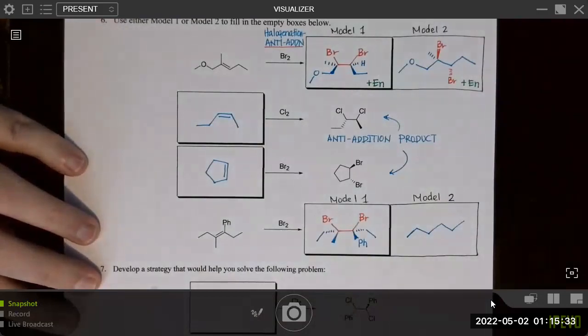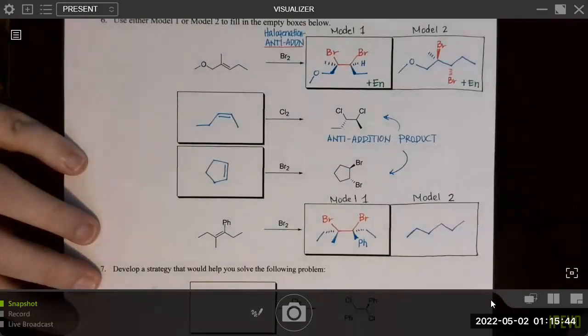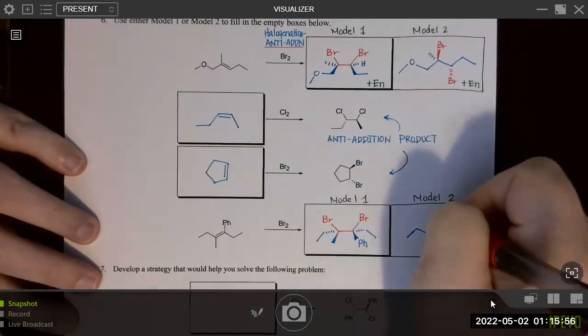And then we'll add in the bromines. Remember, one needs to be going out at you, one needs to be pointed back for the anti-addition. So you choose which one you want to do. It doesn't matter. I may draw the enantiomer of the one that you draw, but it's still the same as long as you write plus enantiomer. Okay, so I'm going to do dash wedge.